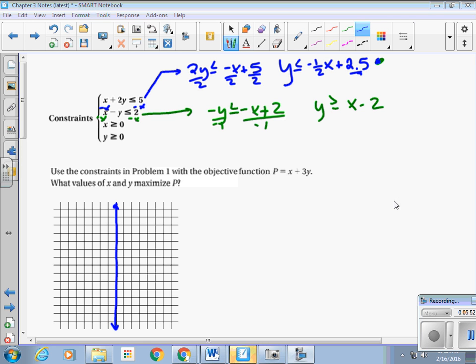Make sure you guys are getting your graph paper out, because when you're doing linear programming, if you're not on graph paper, you are really going to struggle to find the vertices, because there's a precision in the graphing. So I'm going to start at 2.5, which if I'm counting by ones, is right here in between 2 and 3. And then I'm going to go down 1 over 2.